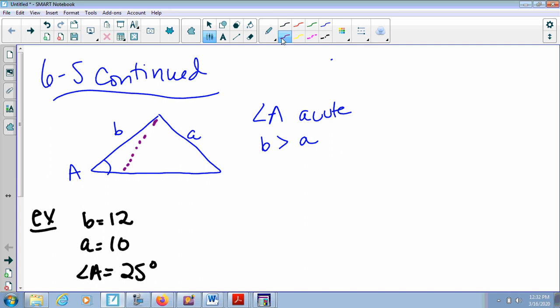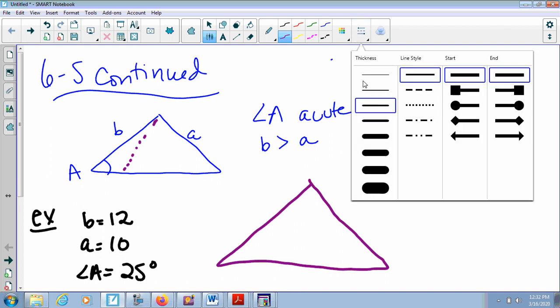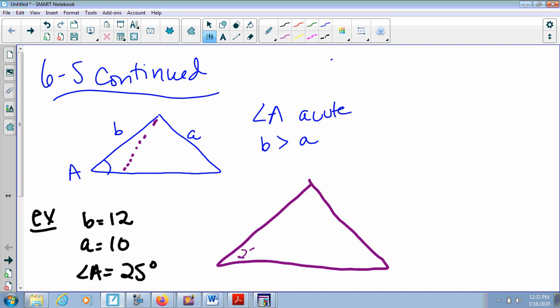I'm going to go ahead and draw that, but we do know that the side that's in between these two is bigger than the other side, and it's an acute angle, so we have a chance that we're going to have to make two triangles out of this situation. So I'll go ahead and sketch what I think it's going to look like. Might have to change it. Ooh, that looks pretty bad. So we have 25 degrees in here, 12 there, and 10 at this point.